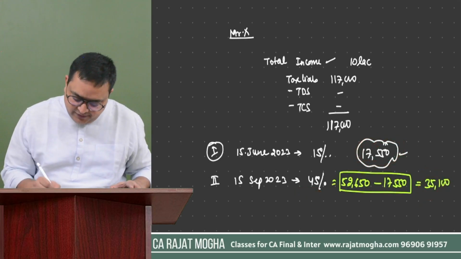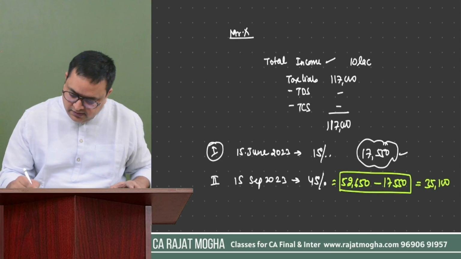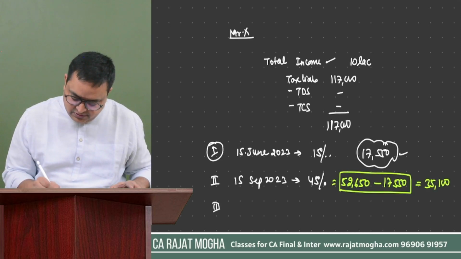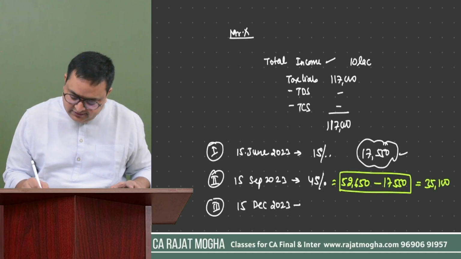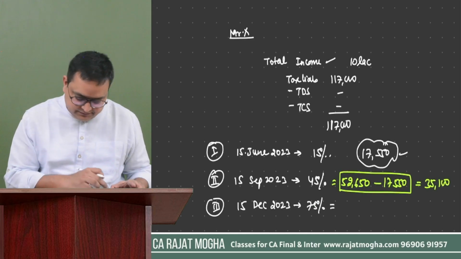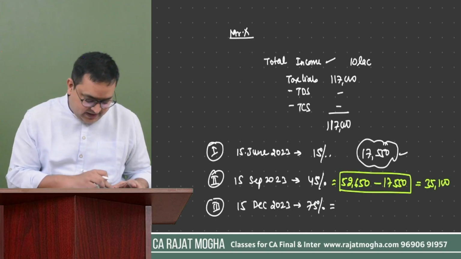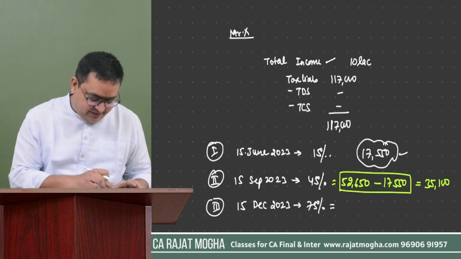In the third installment also, on 15th of December 2023, this person has deposited 75%, right? How much is it? 1,17,000 into 75%.